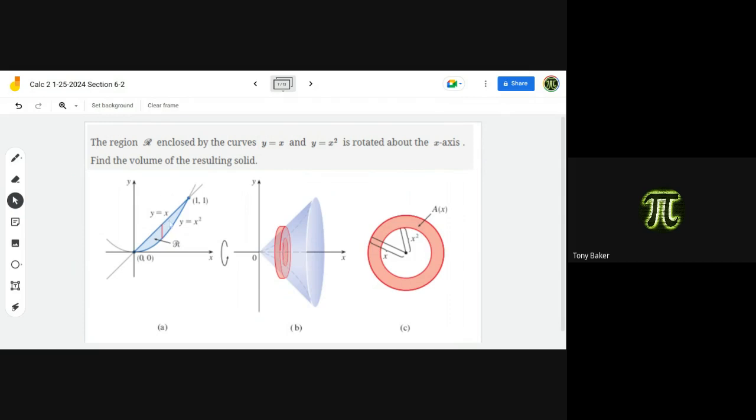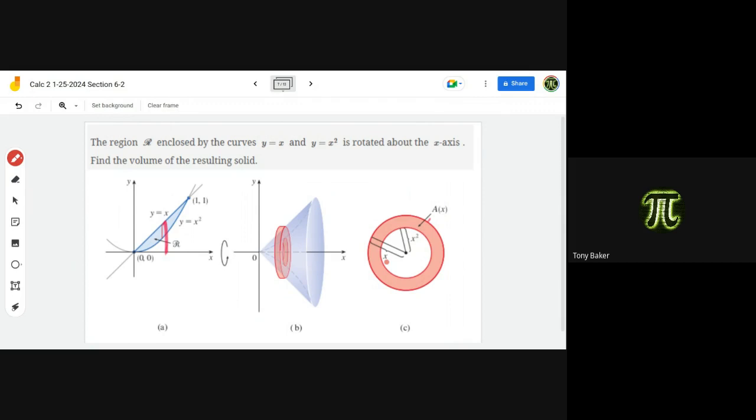You're always going to end up finding your area down to the x-axis. So we want to find the outer area, just like we did in the last class when we were looking at area. You find the biggest area, and then you subtract off the inner area. Same thing you're going to do here. You're finding the outside area, and then you're going to subtract off the inside area.